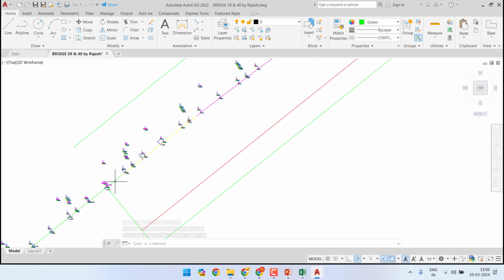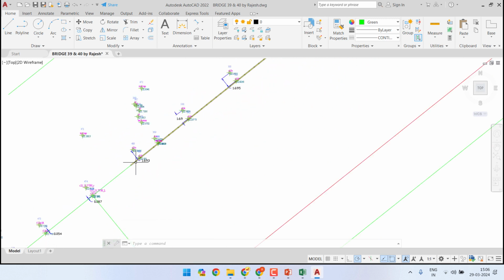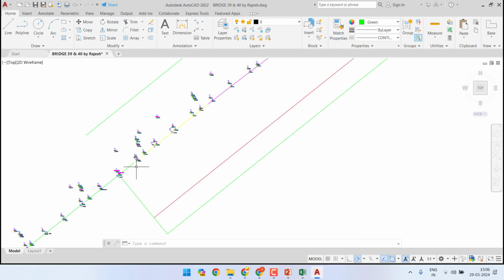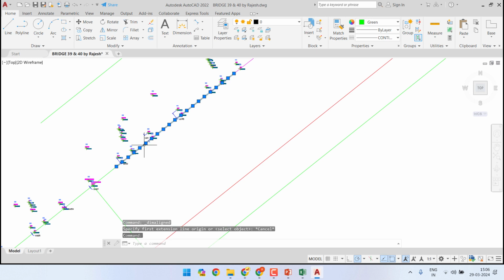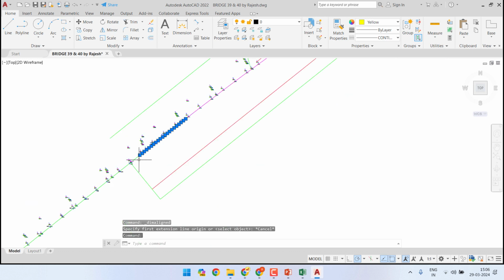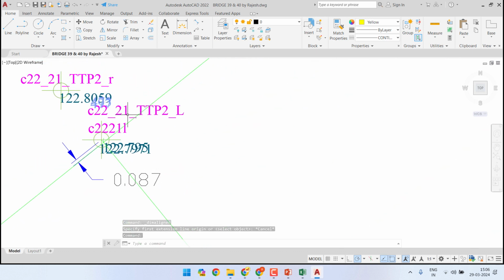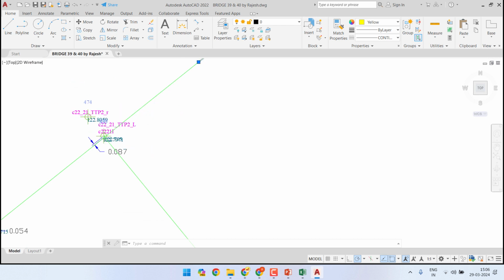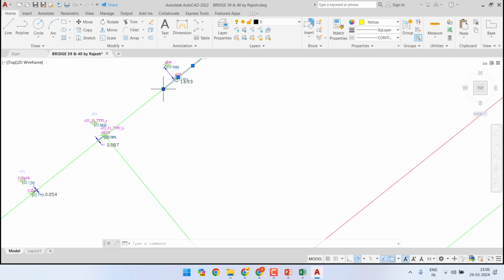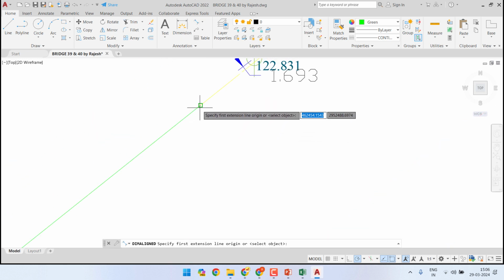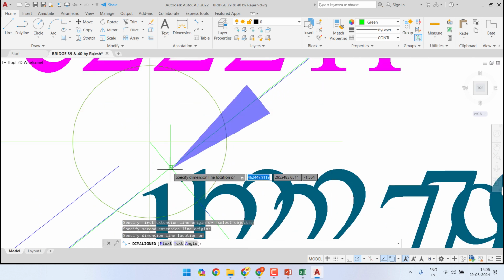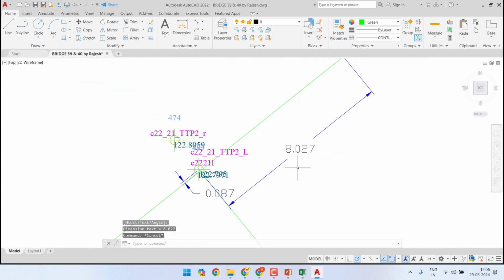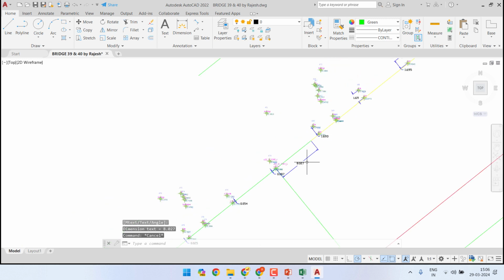Again, let us see what is happening here. Here also our curve is a little shorter. This is the second part of transition, it was supposed to end here, as you can see, TTP2 of the curve number 22, but it has ended a little earlier, and that little earlier is this distance, 8.02. 8 plus 8, 16.